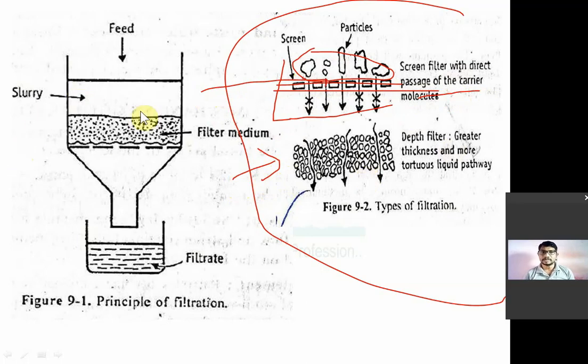Once the filter cake is deposited, filtration still continues, but at a lower rate. So whenever there is a collection of solid particles on the filter medium, that opposes the filtration process, but still filtration is going on. Now liquid is moving through the pores or capillaries which are formed between the particles of your cake.